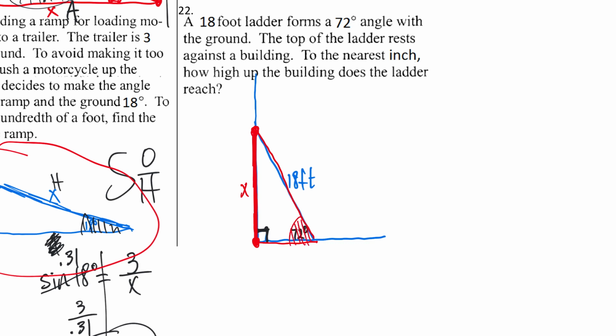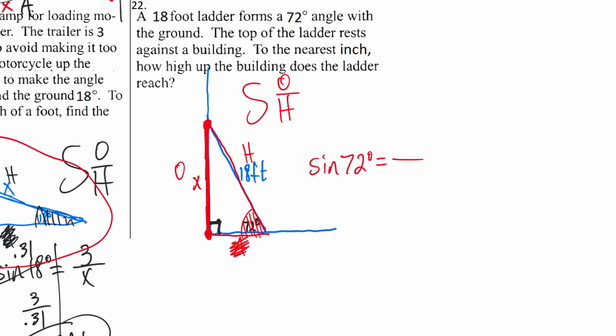So from this angle, we have H, A, O. On this one, the adjacent side's the side I do not care about. So opposite and hypotenuse, this is SOH. This just tells me to use sine. Sine of 72 degrees equals the opposite x over the hypotenuse 18.